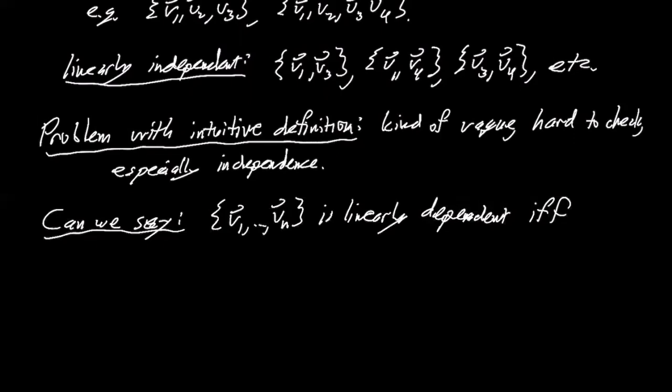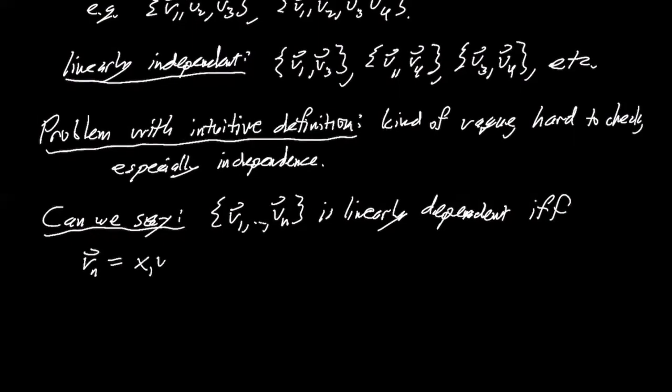This will immediately be a little more mathematical and less vague if I write this. So, if and only if vn is x1 v1 plus x2 v2 plus dot dot dot plus xn minus 1 vn minus 1 for some choice of scalars x1 through xn minus 1.